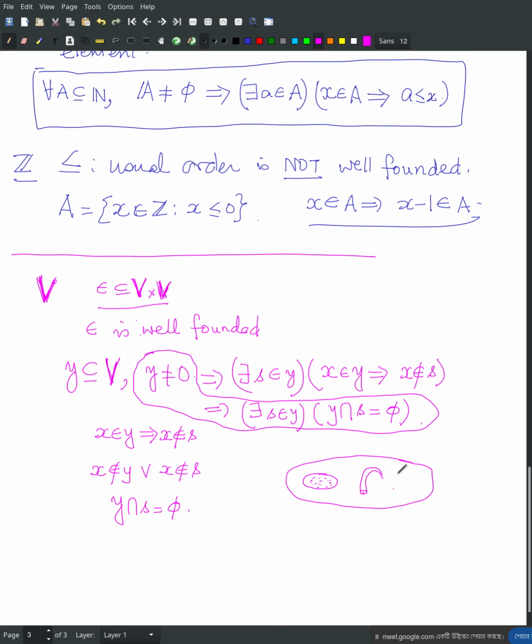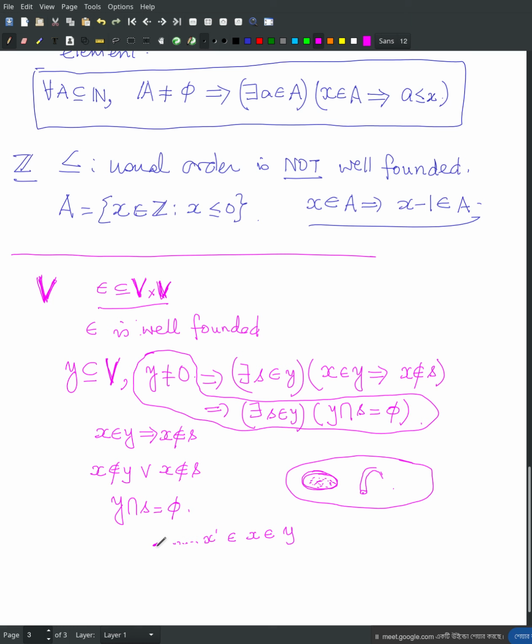But I don't know how to draw this. But there exists something which doesn't belong to it. Nothing of it belongs over here, so it has no intersection with it. So that means if you go down, if you take something over here, you take something over here, at some place this thing stops. That's the problem. At some place it stops.